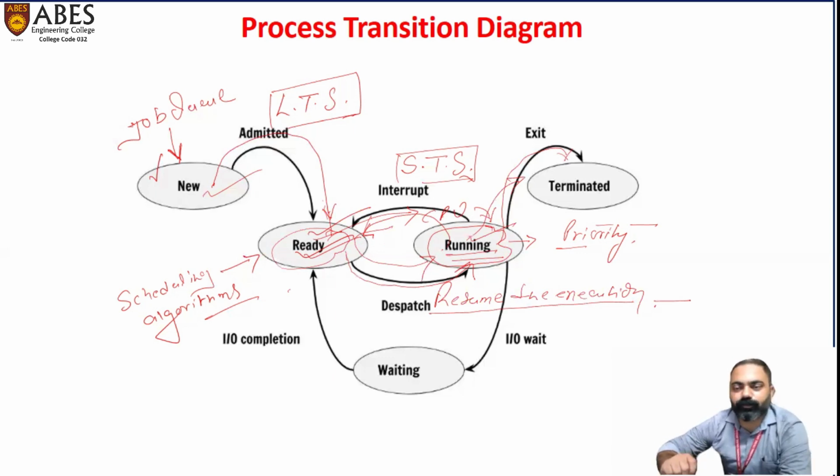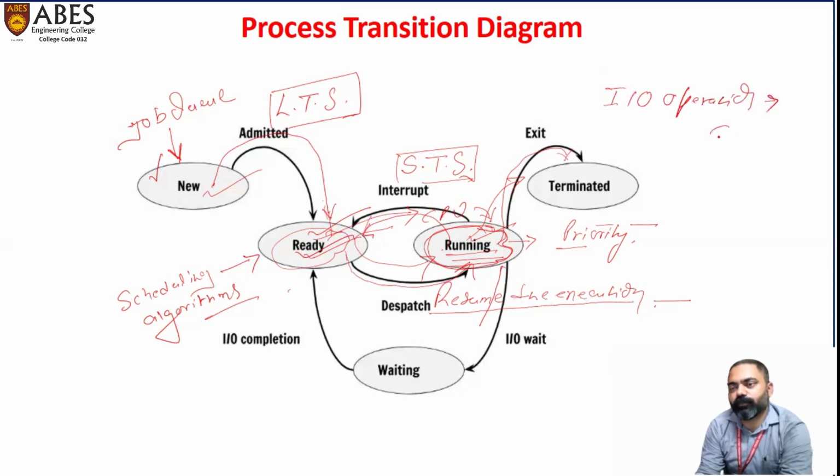If a process is running and wants to do some IO operation, then, as we know, for an IO operation there is no need of the CPU. So the time the process spends in IO operation, the CPU will sit idle.